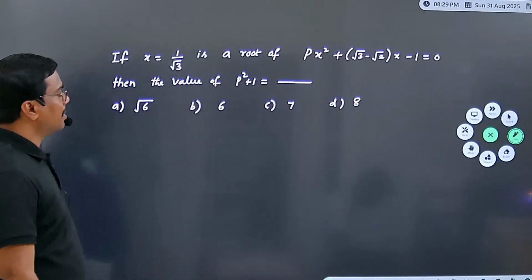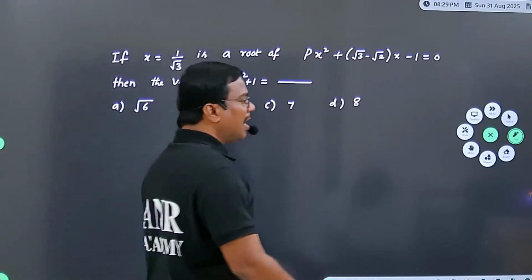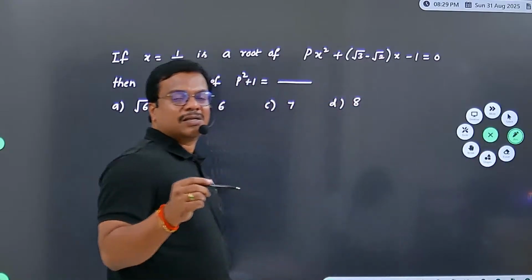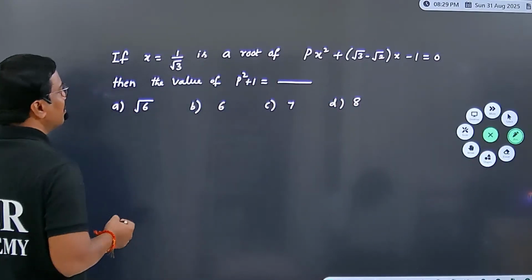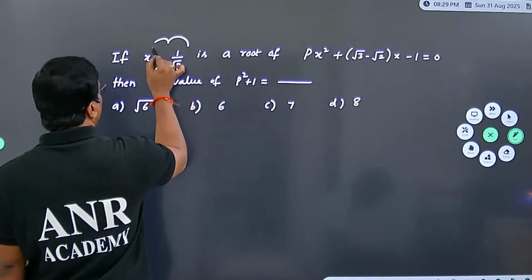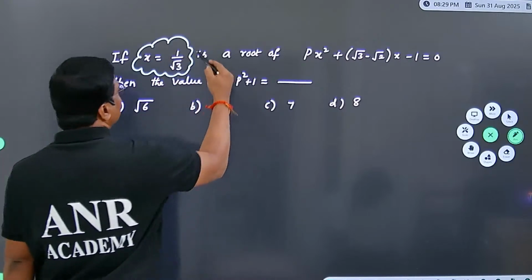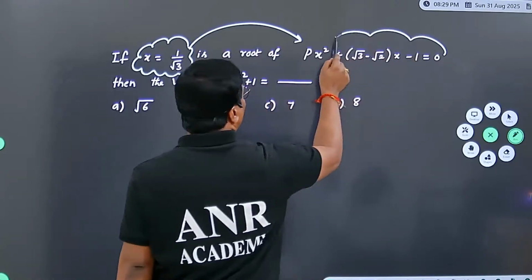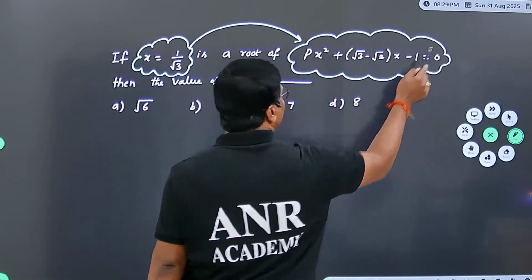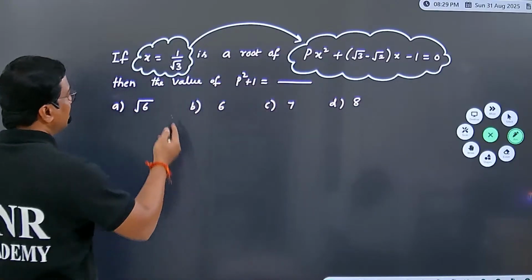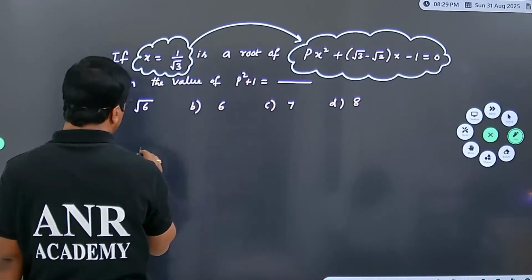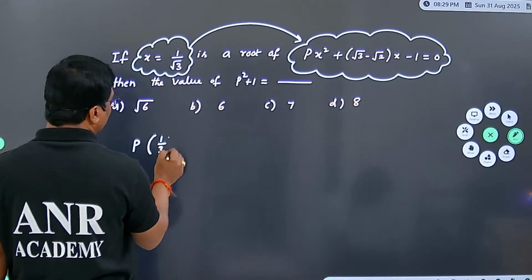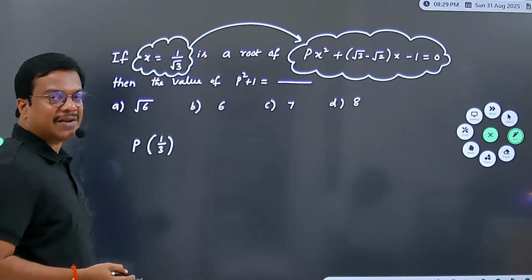Yes, we know that if x equal to alpha is a root of ax square plus bx plus c equal to 0, alpha satisfies the equation. So here you have to replace the value of x with 1 by root 3, then automatically that gives the value of the unknown p. I am going to write the value of x, 1 by root 3, in this. P into x square; x square is clearly 1 by 3, because applying square to 1 by root 3 we get 1 by 3.